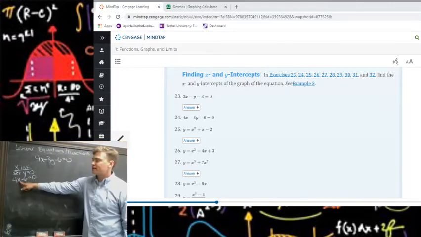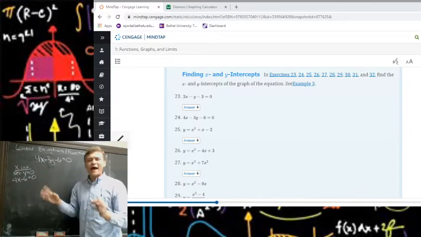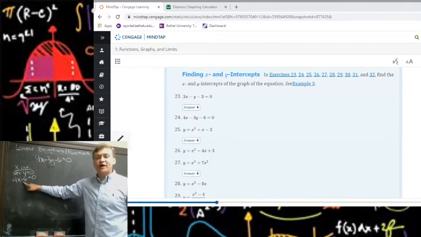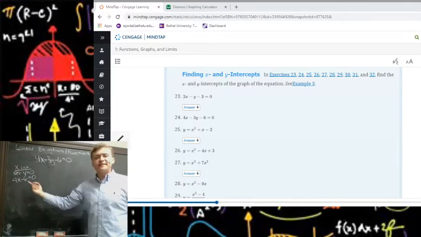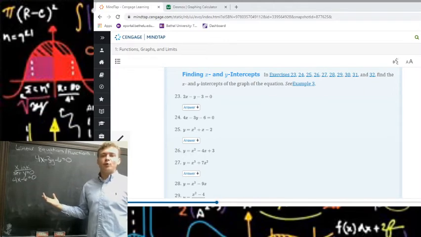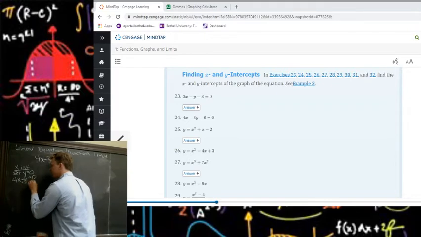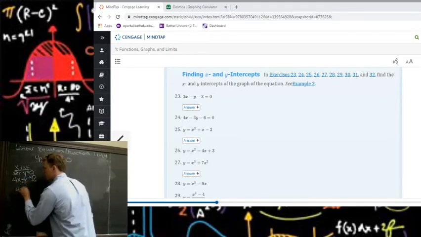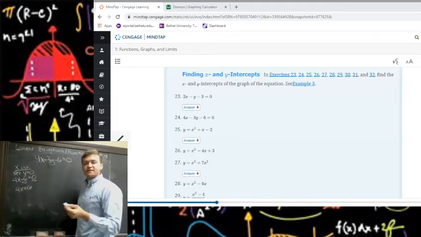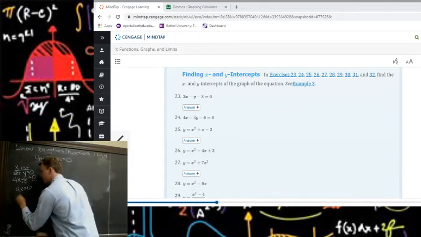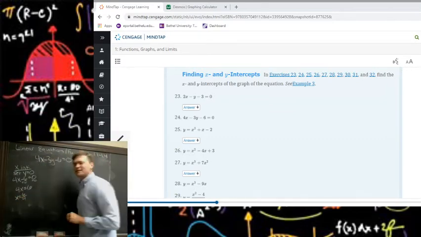We want to get x by itself. Let's add 6 to each side. We're adding 6 because that's the opposite of subtracting 6. If we subtracted 6 again, we'd get minus 12, and that's not helping us isolate the variable x. 4x equals 6, so divide by 4 on each side. x equals 6 over 4.